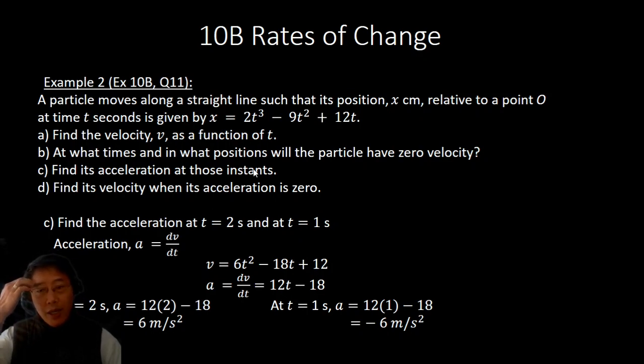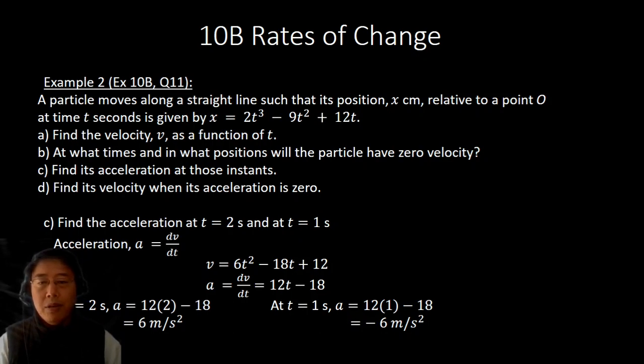So it's for t equals 2 and t equals 1. You substitute that, and again, it should be in centimeters per second squared. And notice here it's a negative value, which is fine. Again, it's directional. It could have a positive or negative direction.